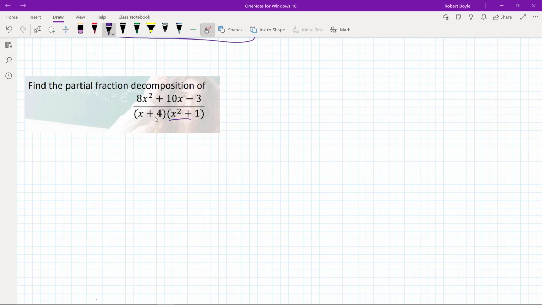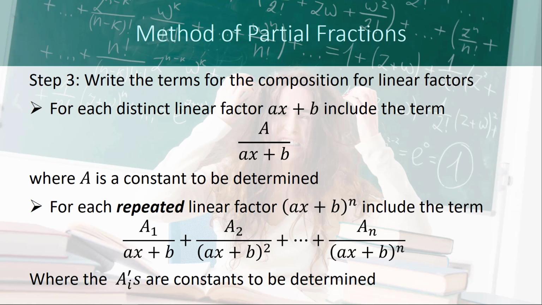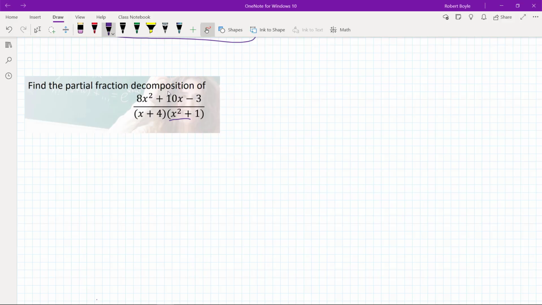So what we need to do is go ahead and write the expansion of this. And recall when you have a single discrete linear factor, we want to write this as a divided by that factor, which is going to be x plus 4.